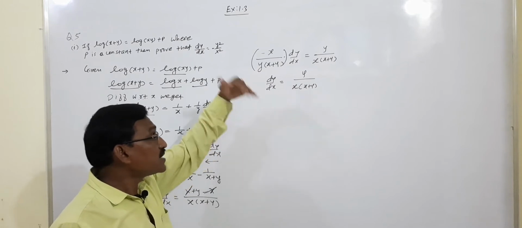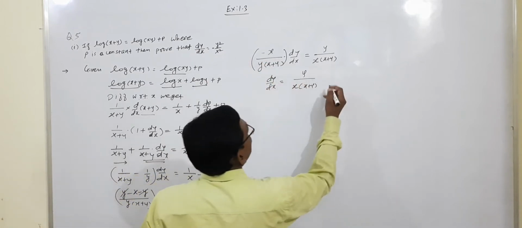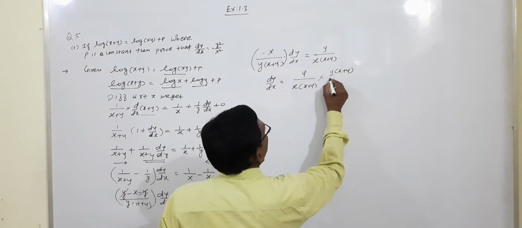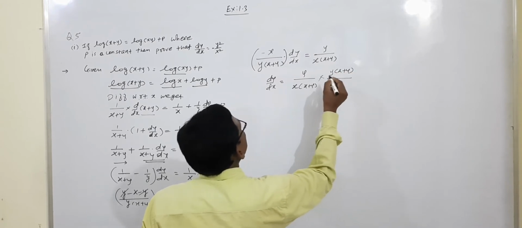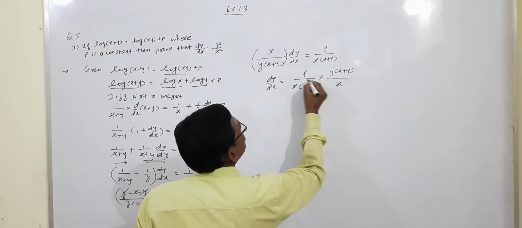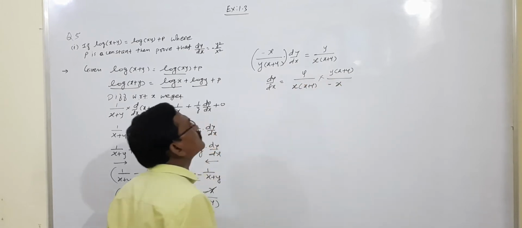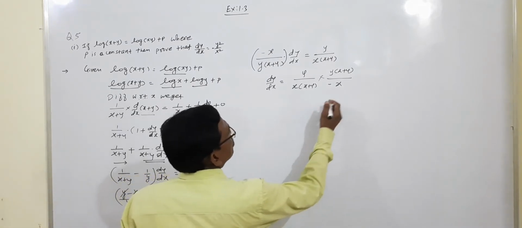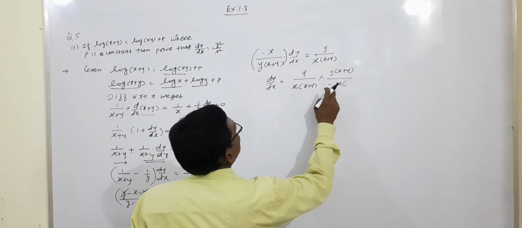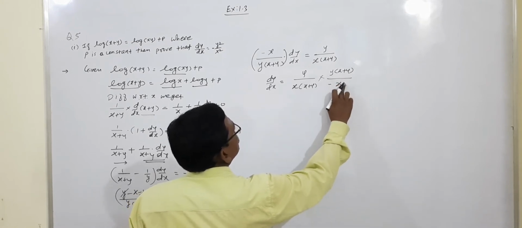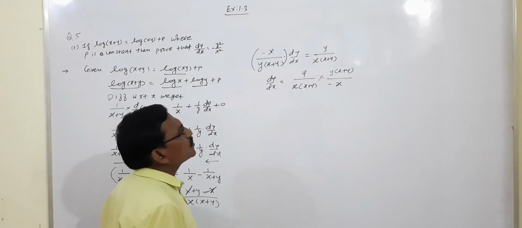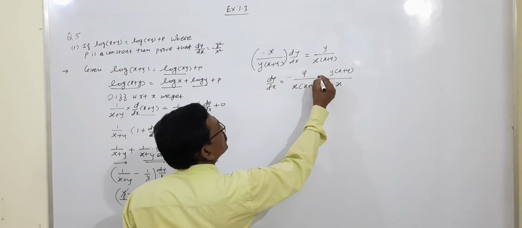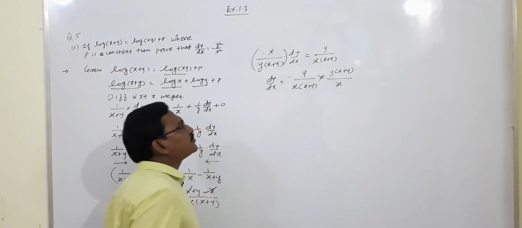That's why we take its reciprocal: into y into x plus y divided by x, with a minus sign, because multiplication is here.